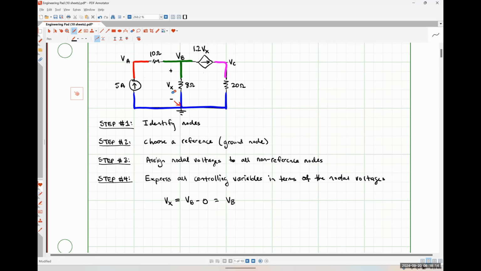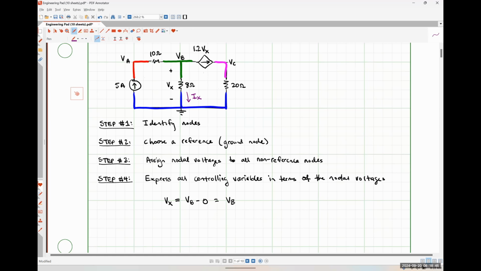Any questions about that? So what if I had a current? So let's say, just for the sake of argument, that there was a different current source in here that was controlled by this current Ix.